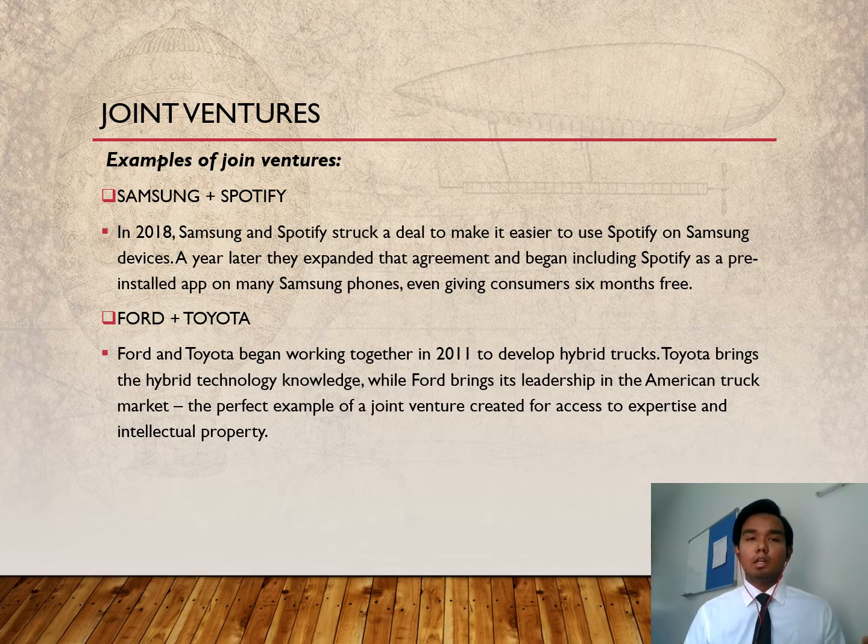Ford and Toyota started working together in 2011 to develop a hybrid truck. Toyota brings the technology and knowledge to Ford, and Ford brings the leadership in the American truck market. By doing so, they can get a profit from both sides, from the technologies and the perspective of influence in the market.